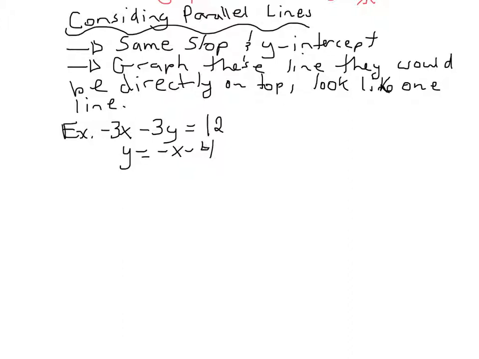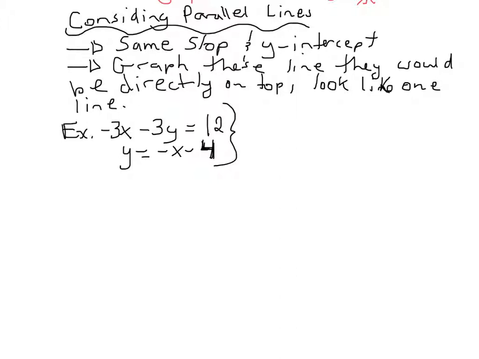So those are my two equations. Again, I've got a general form and a functional form, where my x's and my y's are on the same side. Right off the bat, they don't look like the exact same equation, or like they have the same slope and same y-intercept. As a matter of fact, if you rearrange them, you would see that they have the same slope and the same y-intercept. But you wouldn't notice that right away.